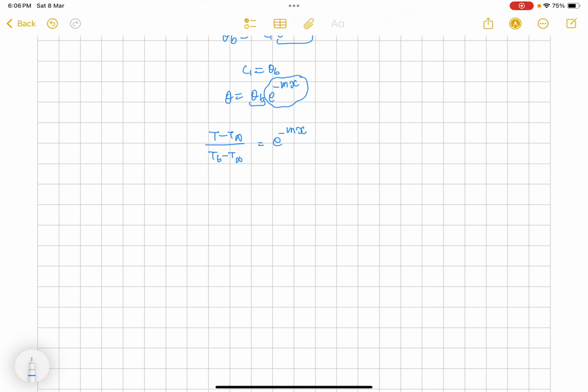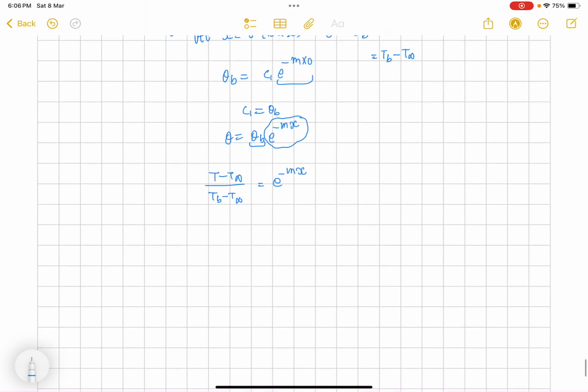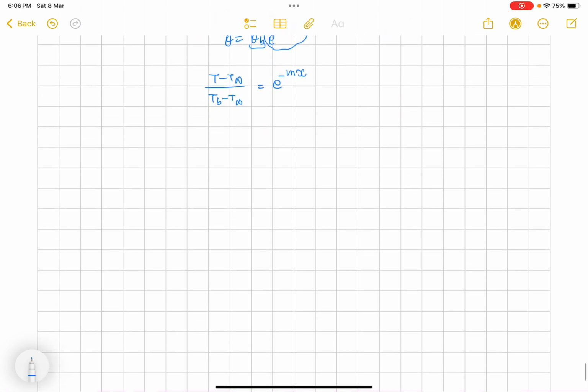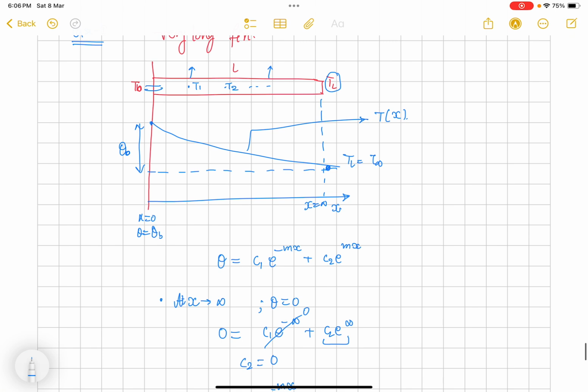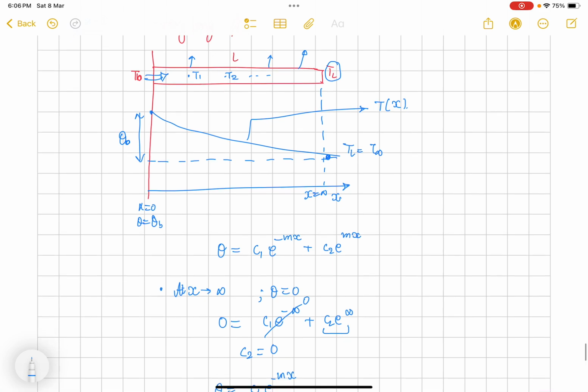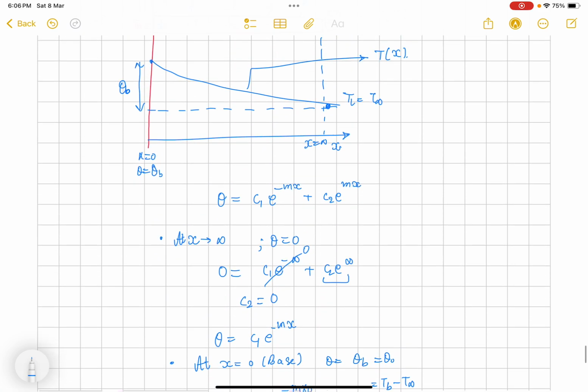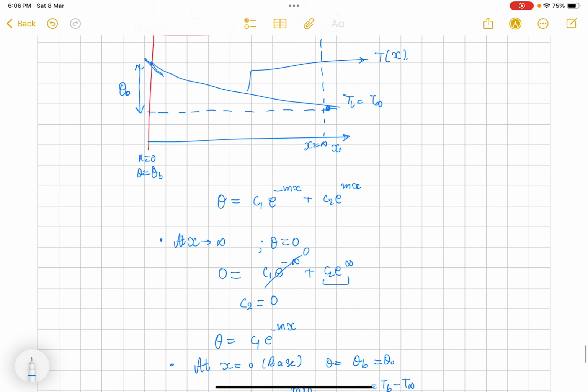All right, and also we will be needing the temperature gradient at the base, because that will be used to calculate the heat transfer, because whatever heat is coming from the base is the heat transferred to the fluid, right, from the lateral and tip side, if the tip is contributing to the heat transfer, right? So at x equal to 0, we will need the slope of this curve.